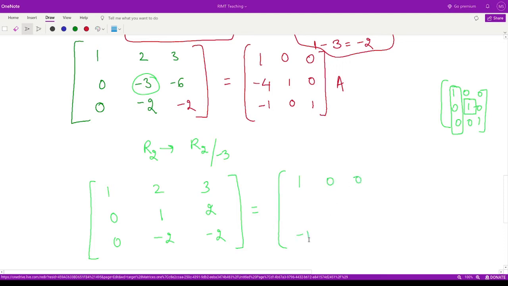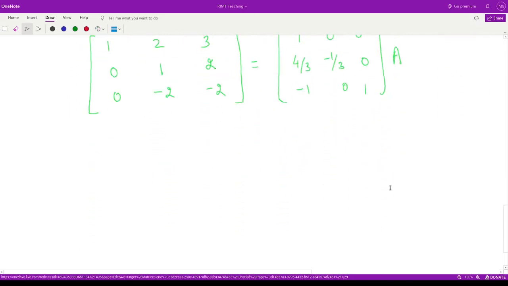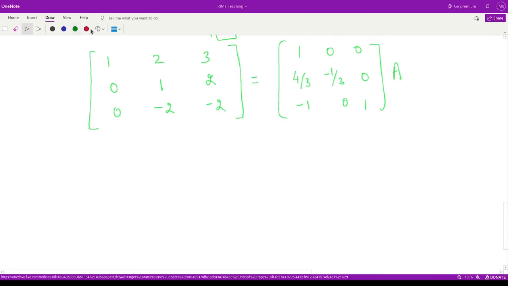The third row would be as such. And for the second row, we are just dividing by minus 3. So minus 4 divided by minus 3, that would be 4 by 3. 1 divided by minus 3, that would be minus 1 by 3. 0 divided by minus 3 is 0 multiplied with a. So this is after performing this kind of elementary transformation.